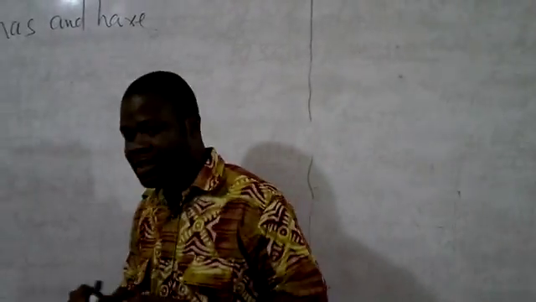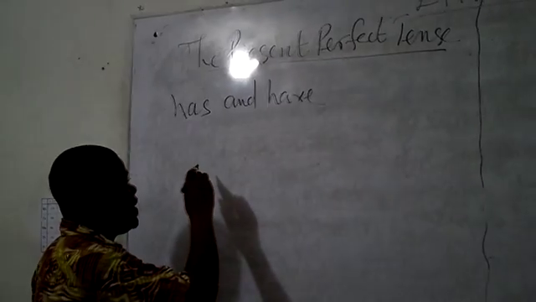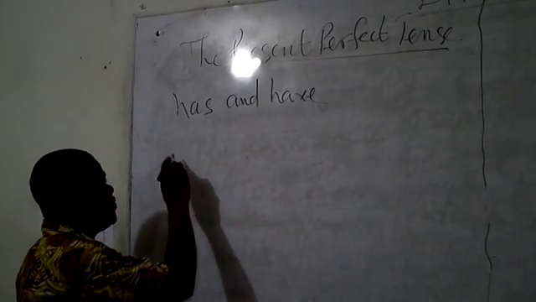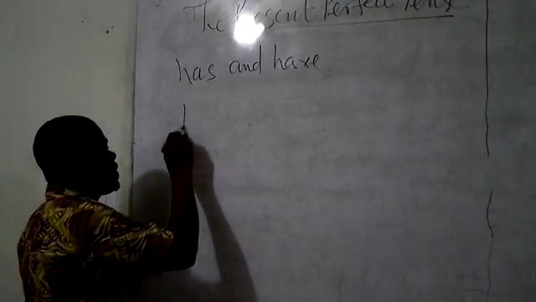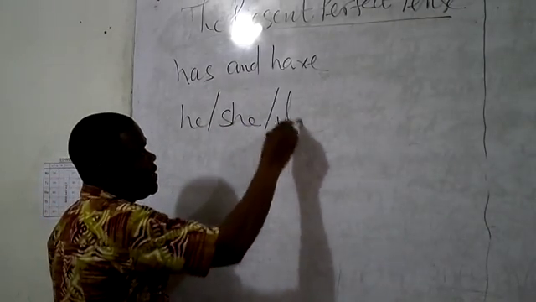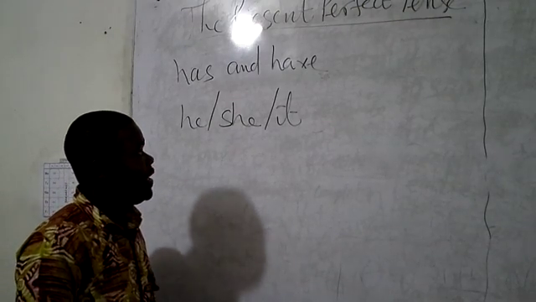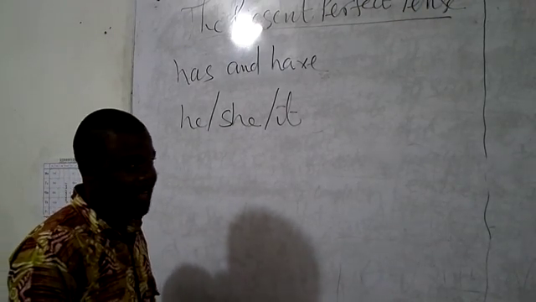The has is used for subjects, that is the third person singular, and that is he, she, and it. So he, she, or it takes has.